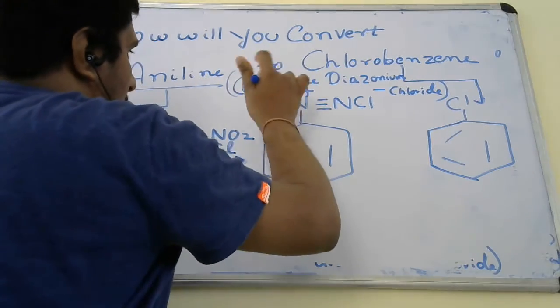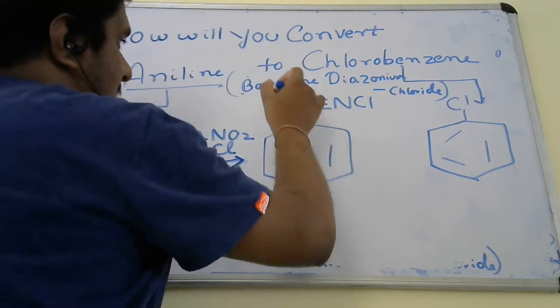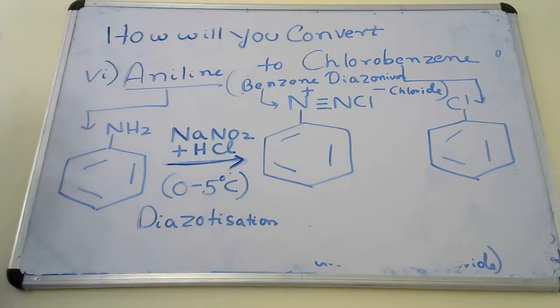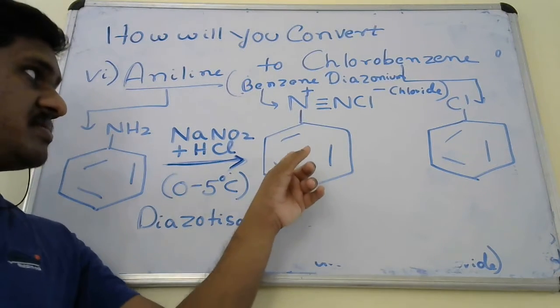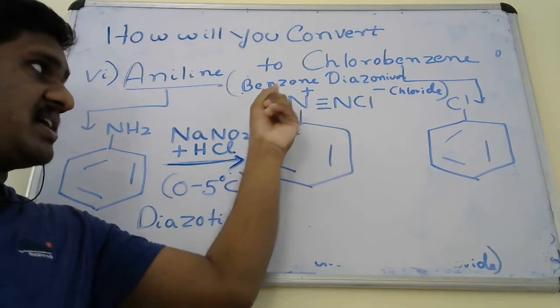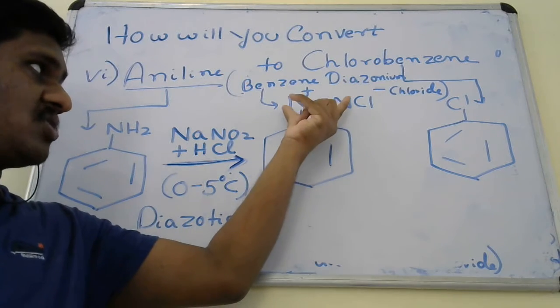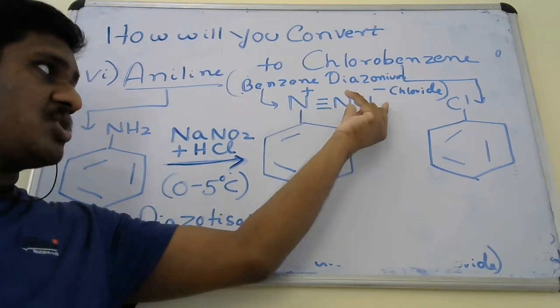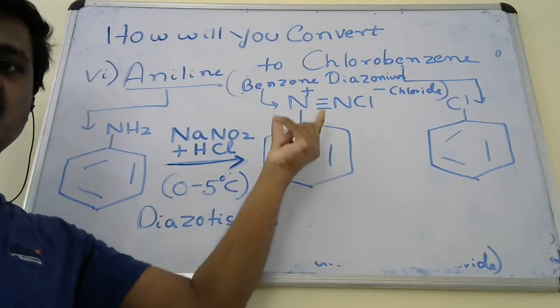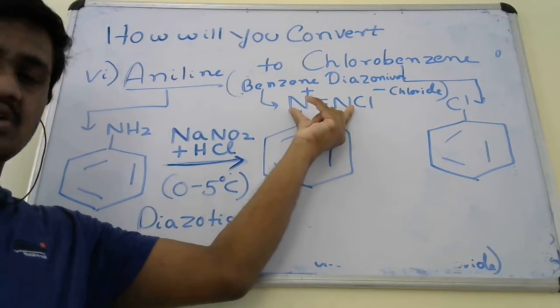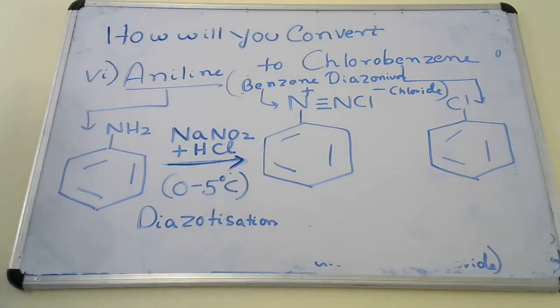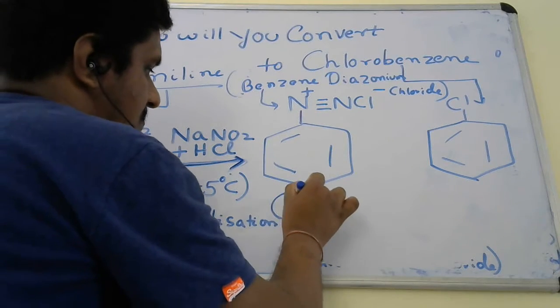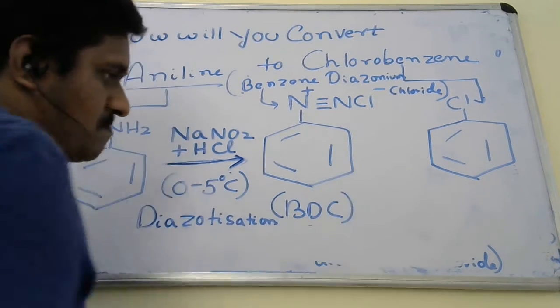This is called the diazonium group, chloride, benzene diazonium chloride, or in short form BDC.